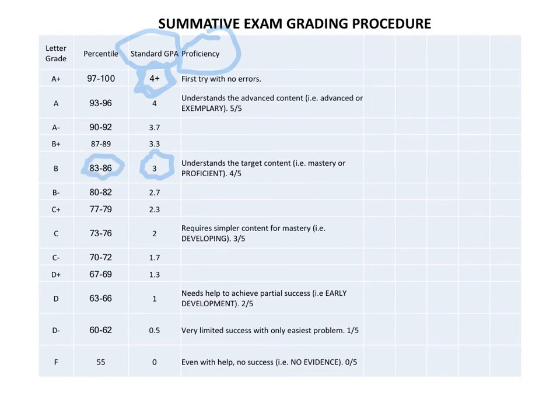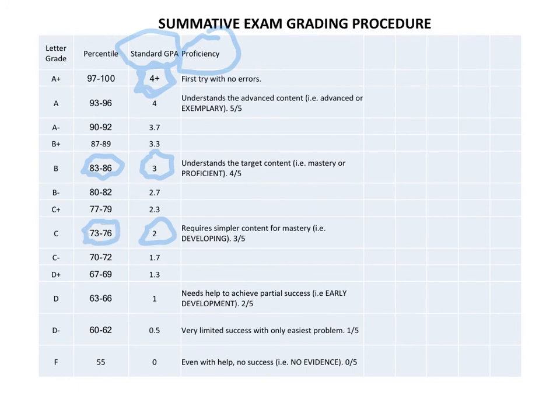Now, if you got 3 out of 5 correct, this means that you require simpler content for mastery, or you're showing developing mastery. This would correspond to a 2, which on our 100-point system would correspond to a 75 or a C.